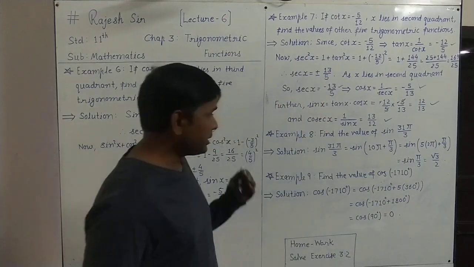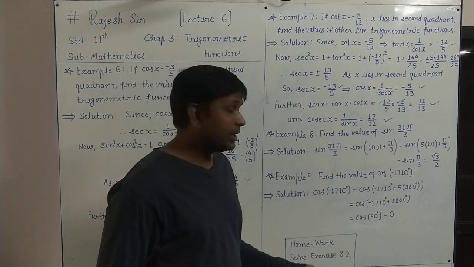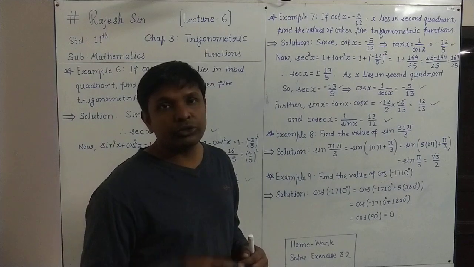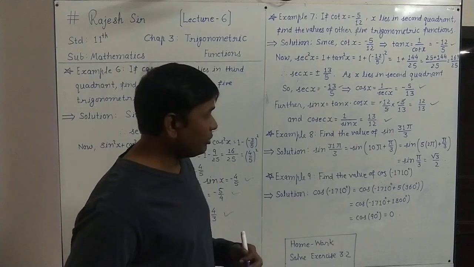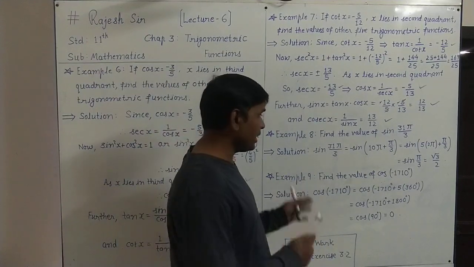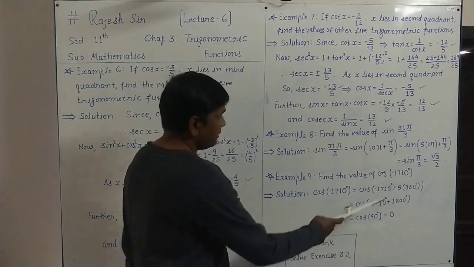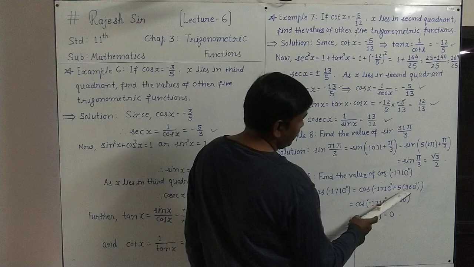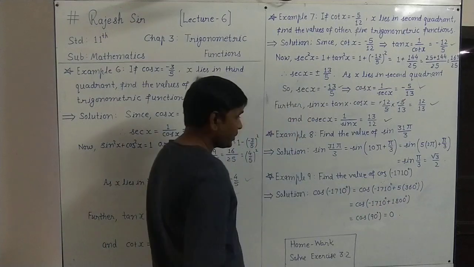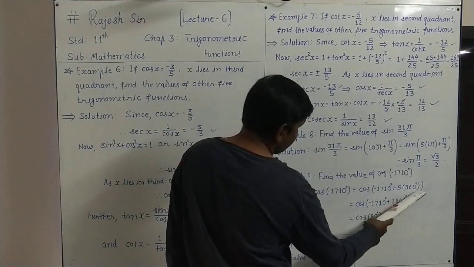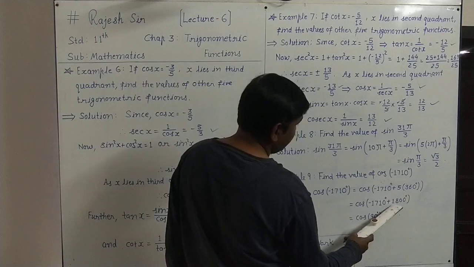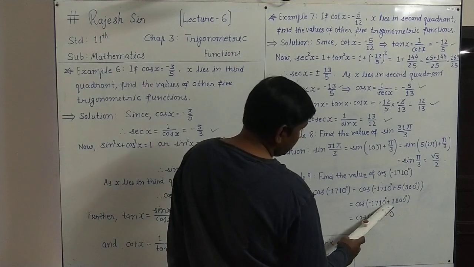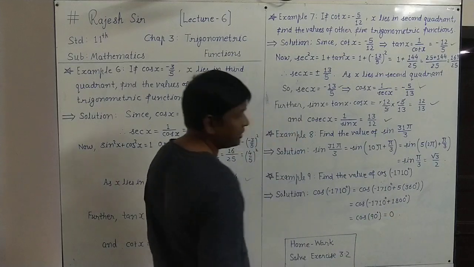If we do 6 times 360, 7 times 360 degree, you know that 360 degree is again the full, complete revolution, so however many times the revolution, we get the same angle. Now 5 times 360 degree, if we simplify, gives 1800 degree. So cos minus 1710 degree is the same as cos of minus 1710 plus 1800 degree.